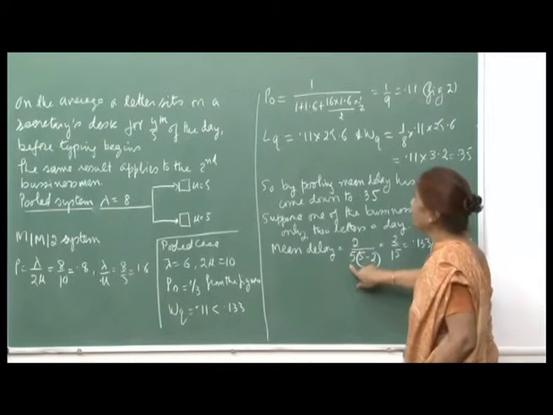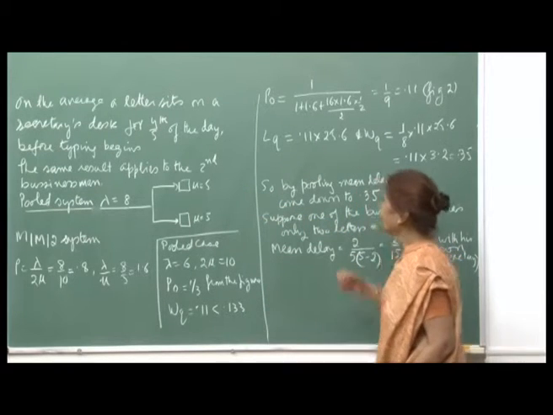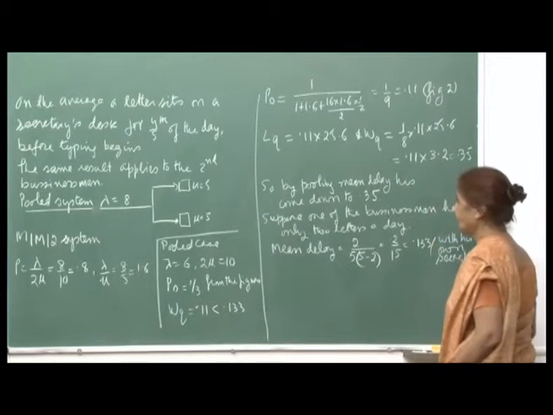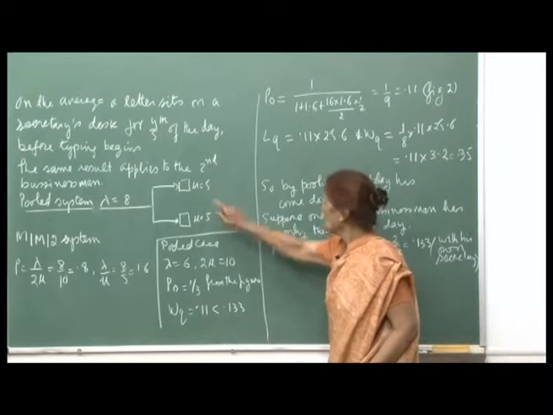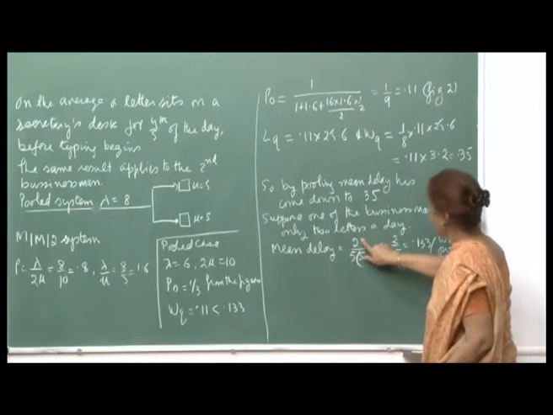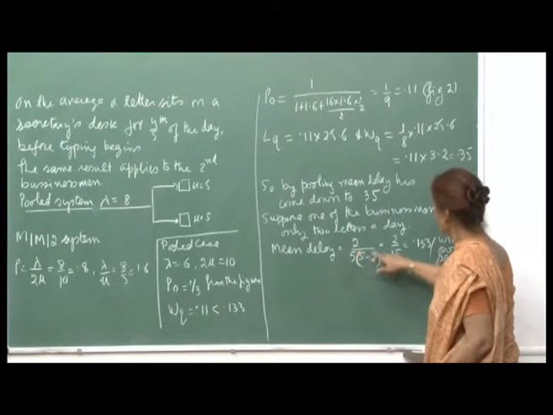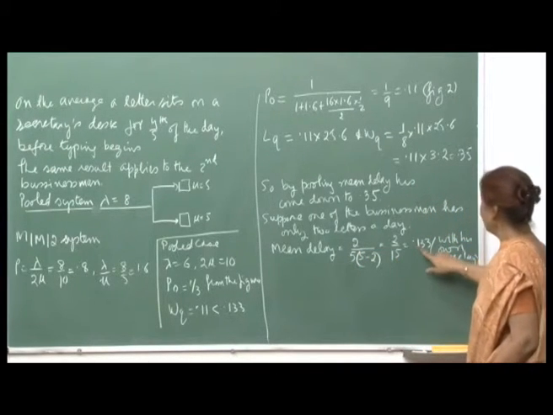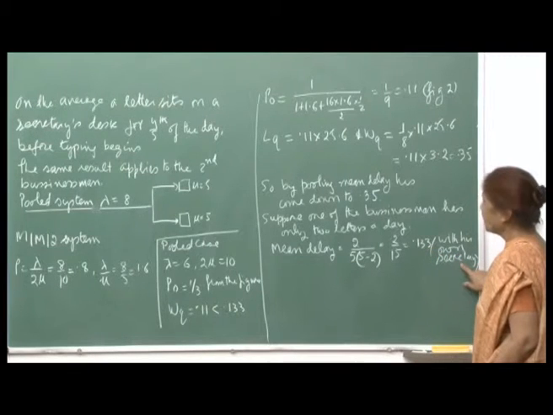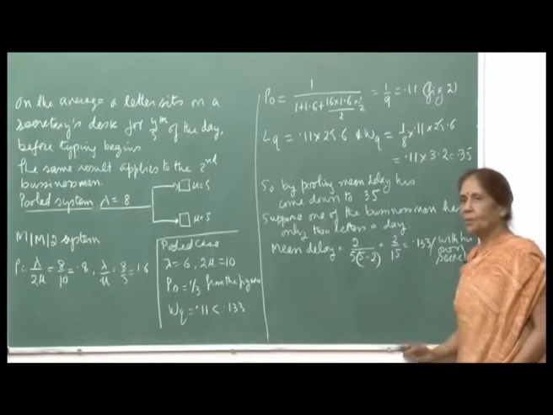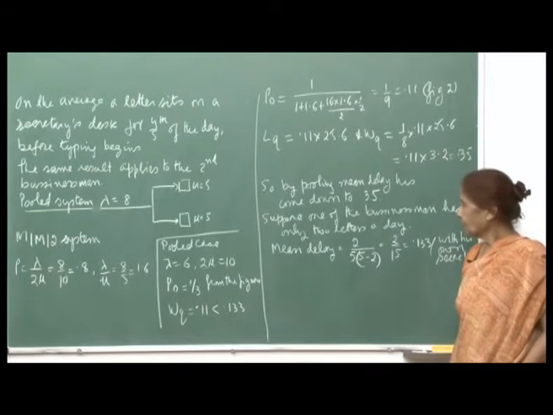So, lambda is 2, mu is 5, because the secretary can type 5 letters a day. So, lambda upon mu into mu minus lambda will be 2 by 15, which is 0.133. So, with his own secretary, the mean delay would be of the order of 0.133.